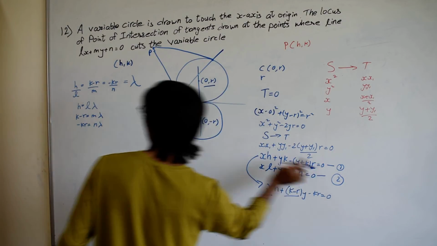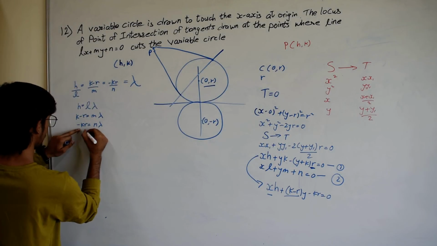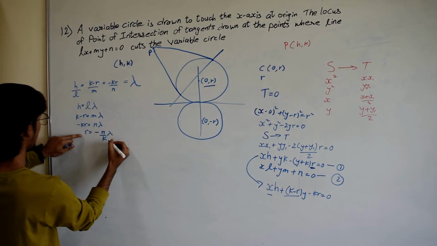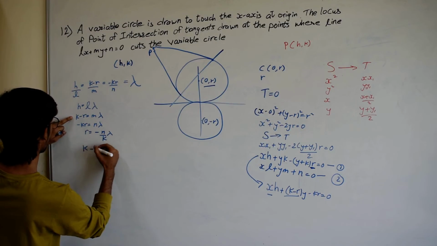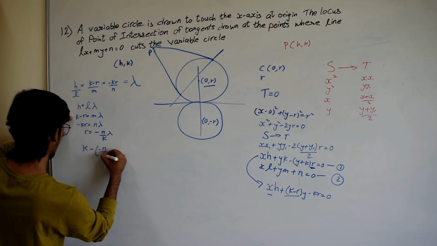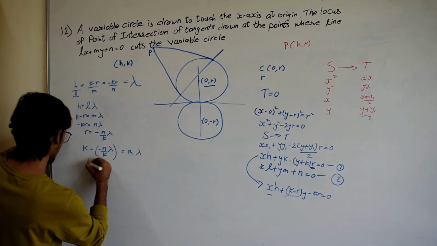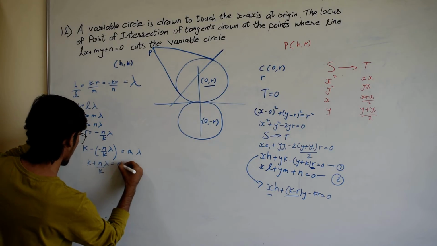To eliminate r, we write r equals minus n by (k lambda). Using this in the equation, k minus (minus n by k lambda) equals m lambda. It gives k plus n by (k lambda) equals m lambda.